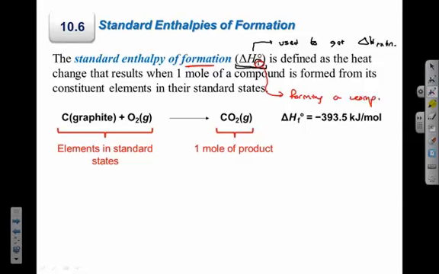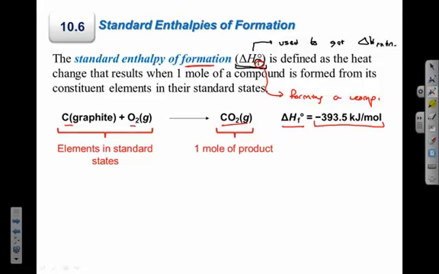So for example, the heat of formation for CO2 is the enthalpy change, or the potential energy change, or the heat exchange with the surroundings when CO2 is formed from the elements carbon and oxygen that make it up in their normal standard conditions, which for carbon is as graphite and for oxygen is as a gas, O2 gas.